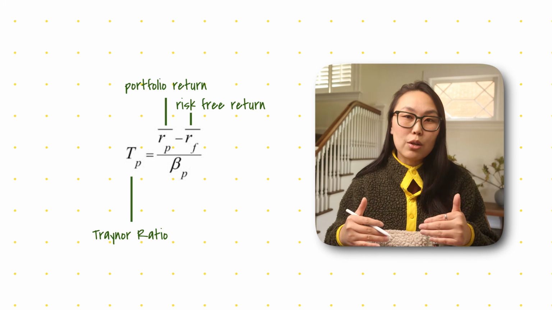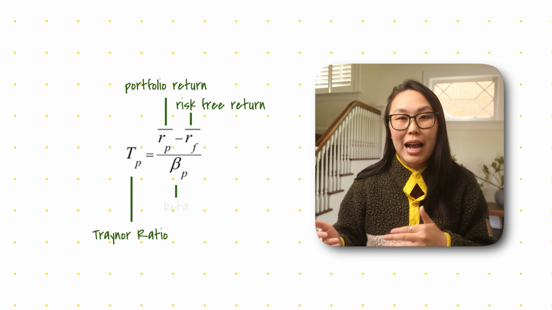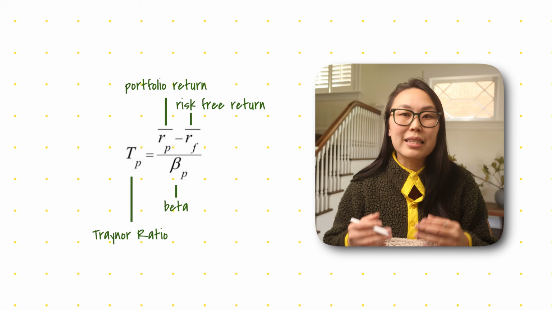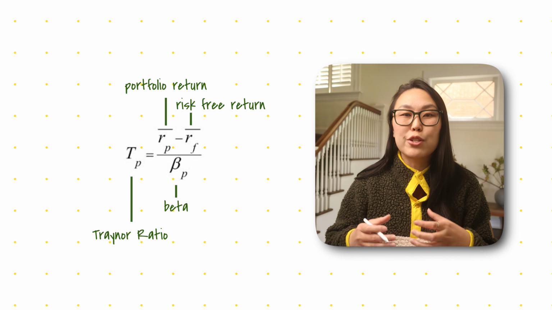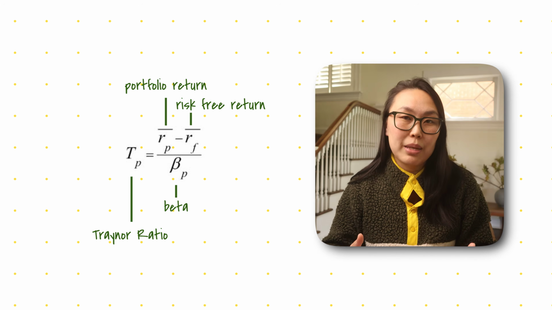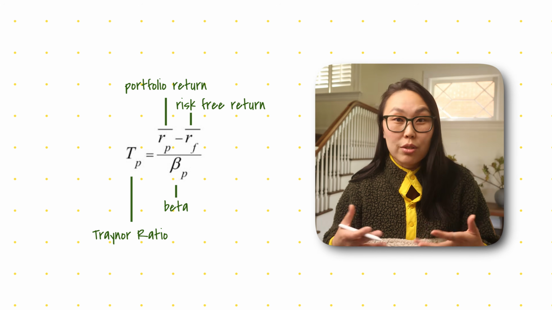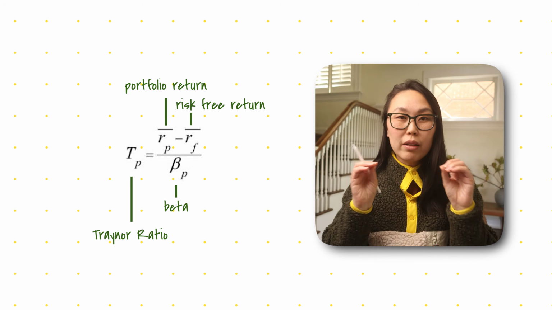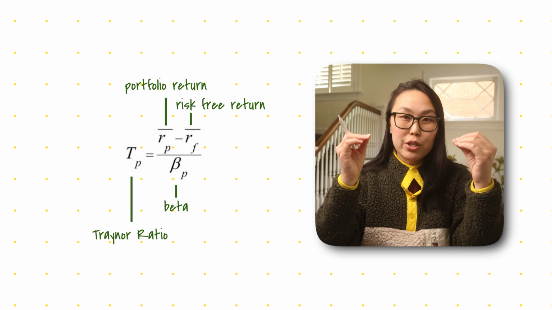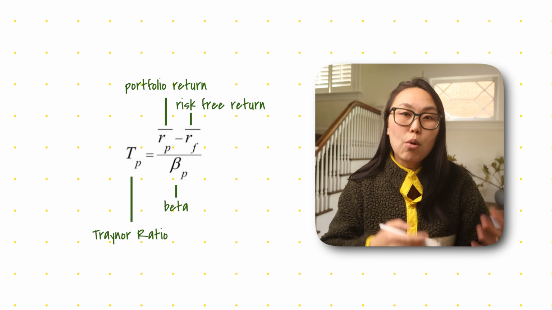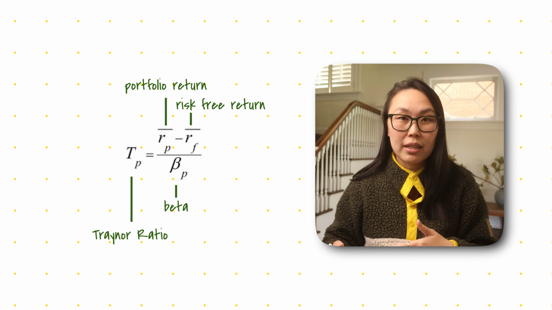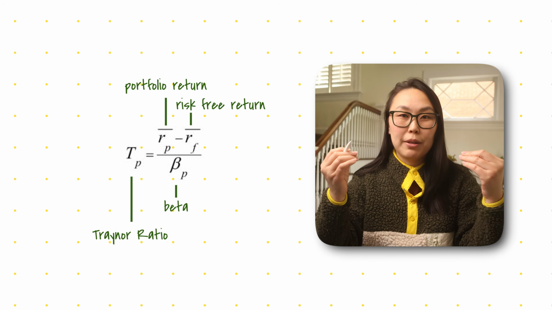And then in the denominator, we have the beta of the portfolio or asset. So what this is saying is, how much reward am I getting for each unit of additional risk I'm taking? It's a risk-adjusted return. And if you're comparing two portfolios, the one with the higher ratio is going to be rewarding you more for each unit of risk. So that's what you want, a higher ratio.